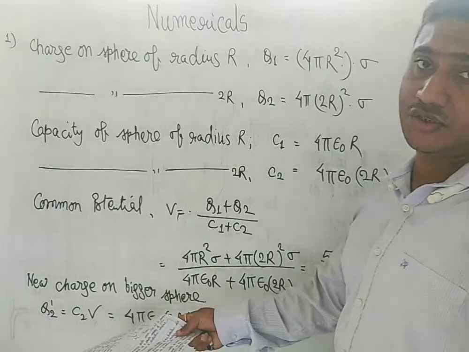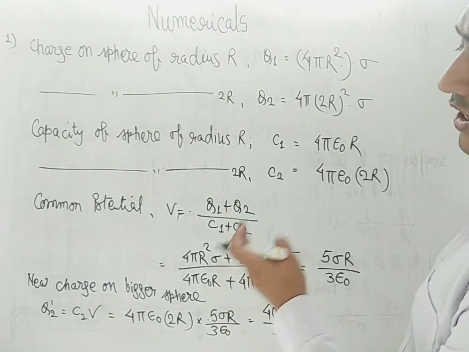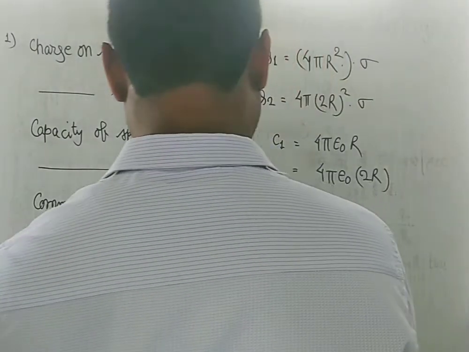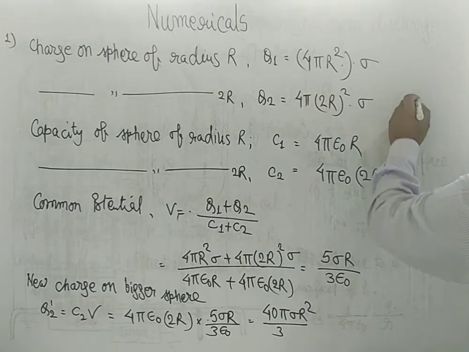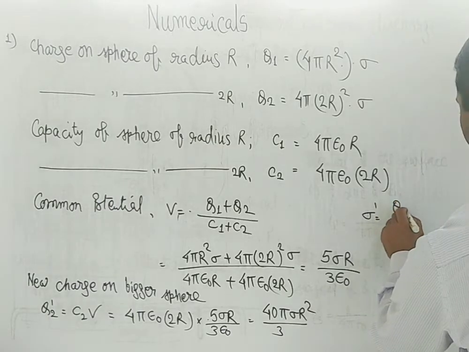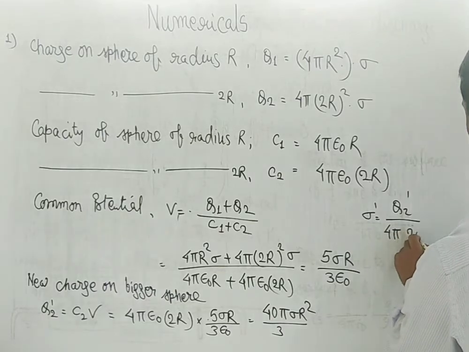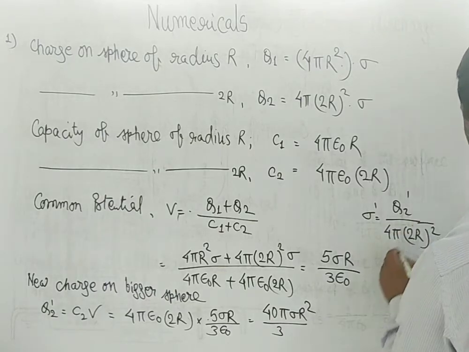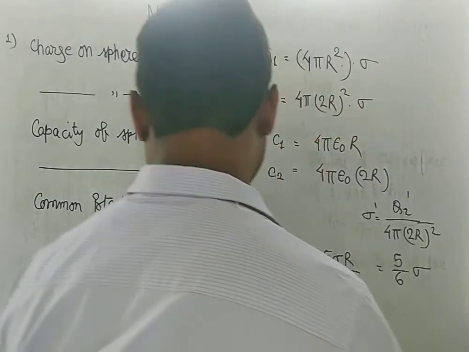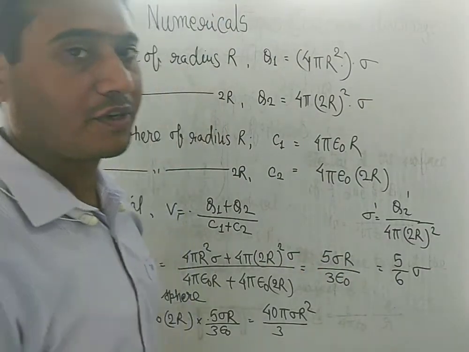Now this is the charge, and the area we know is 4 pi into (2R) square. So dividing that charge by the area, we get the surface charge density. New surface charge density sigma dash equals Q2 dash upon area, that is 4 pi into (2R) square, which is 5 by 6 sigma. So that will be the answer, 5 by 6 sigma.